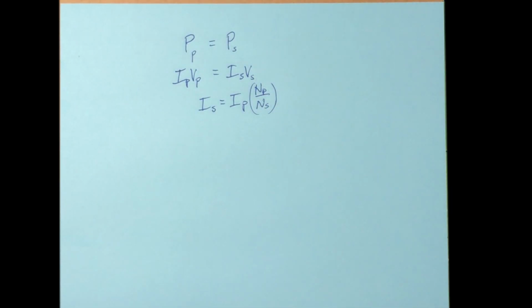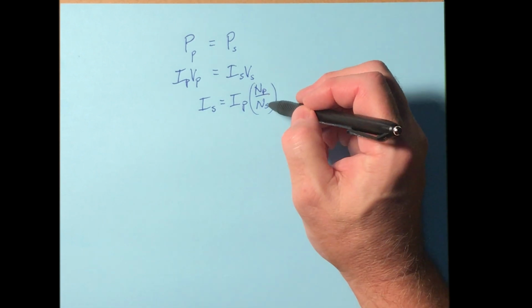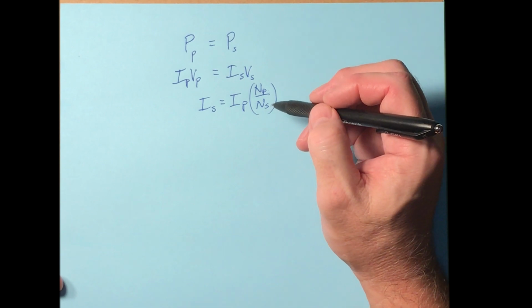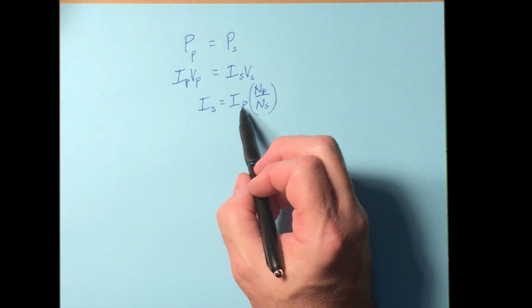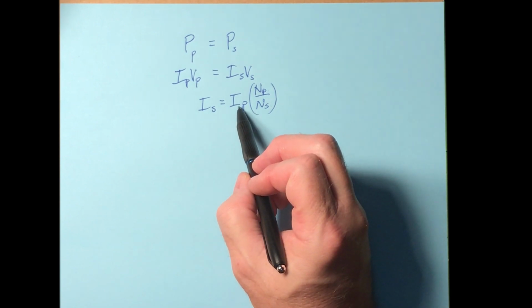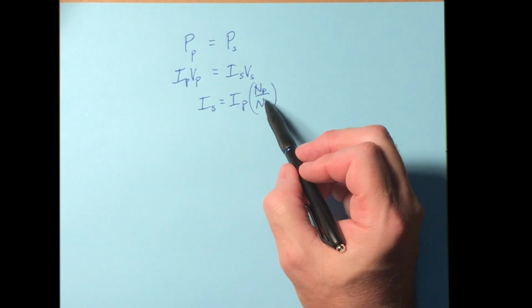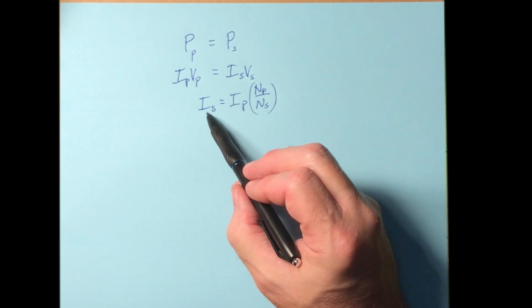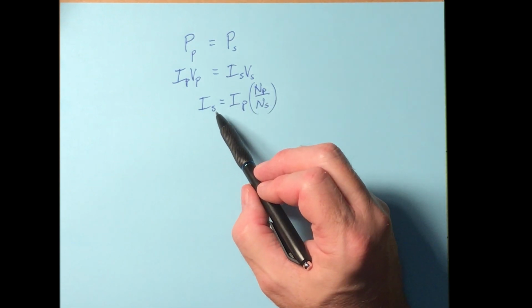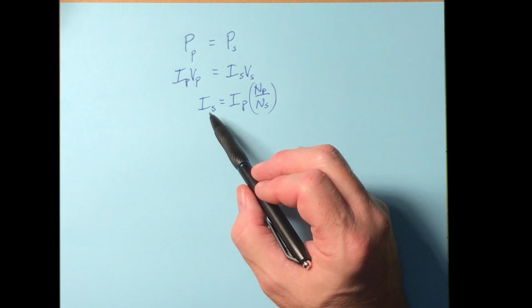So as voltage goes up, current goes down, or vice versa, as current goes up, voltage goes down because of the nature of the ratios here. Okay, so you can see then that the current is also transformed from the primary side to the secondary side. Depending upon this ratio, it could be greater than 1 or less than 1. The secondary side could have a greater current or a smaller current if it's going the other way.